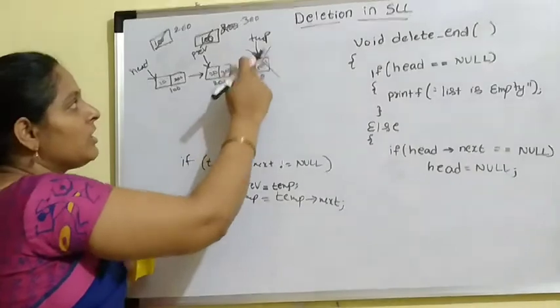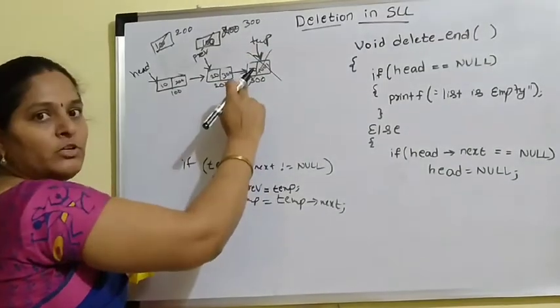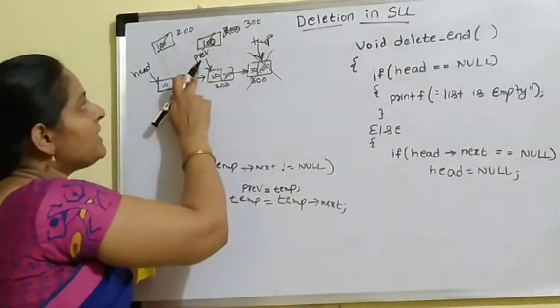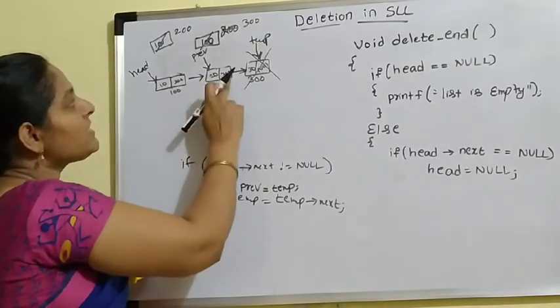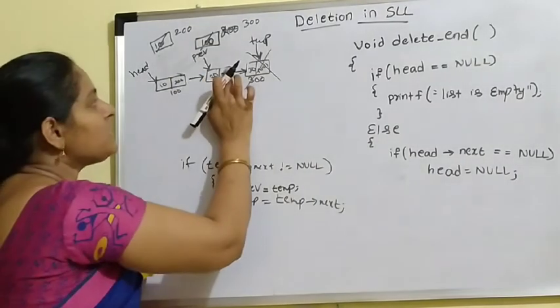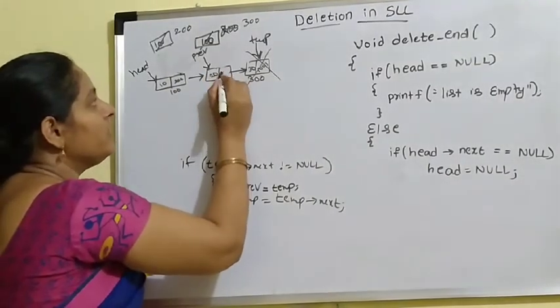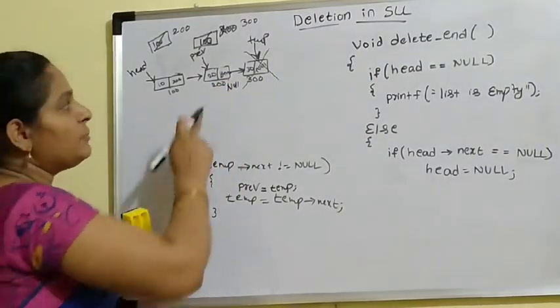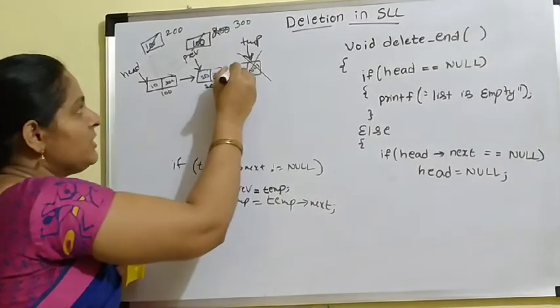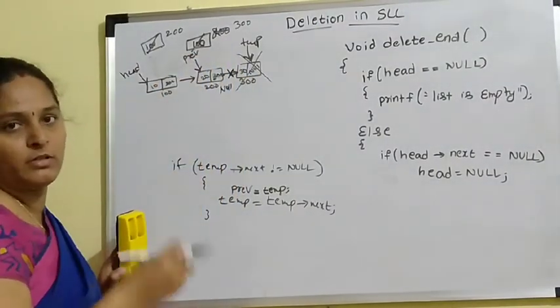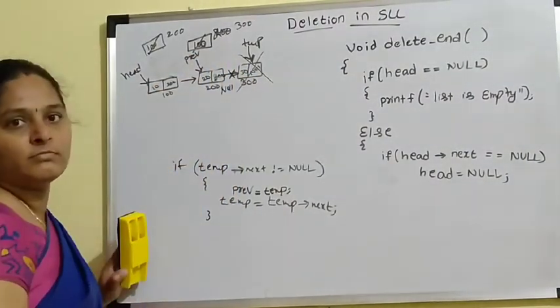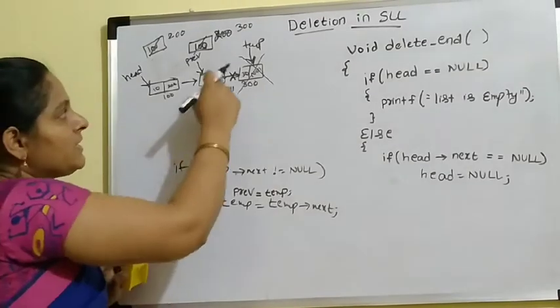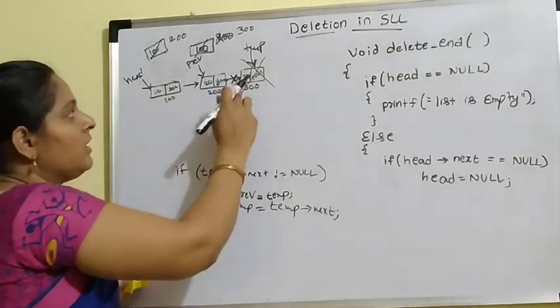Now if you want to delete this temp node, what do we need to do? We need to place a null value in the previous next field. We need to replace this 300 with the null value. If you place null value here, automatically the link between those two nodes will be disconnected.